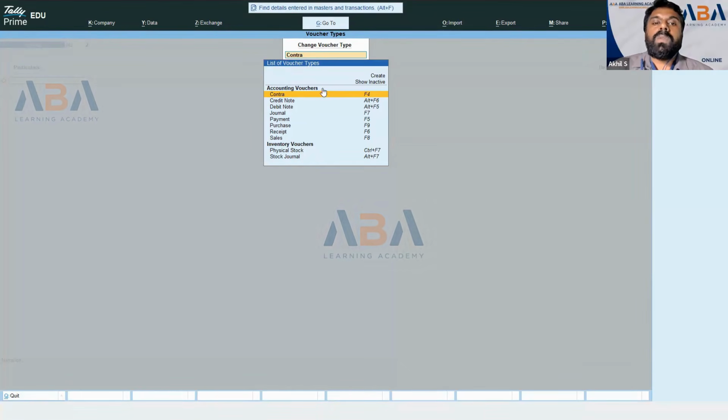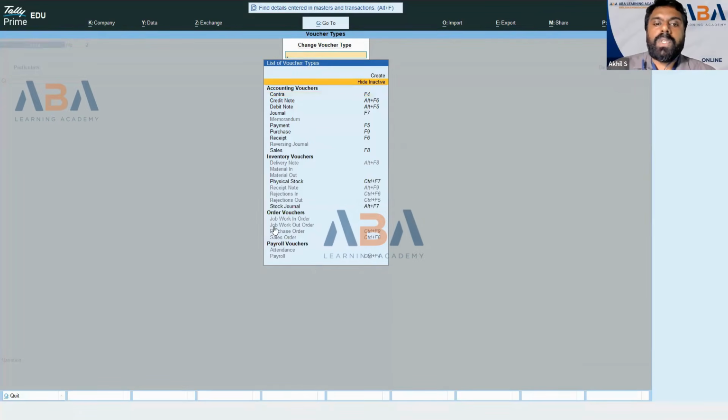Okay. So before we continue, let me tell you one more thing. Tally has 4 types of modules. 4 modules are available in Tally. So those are accounting module, inventory. Then if you click on show inactive, it will show us order vouchers and payroll vouchers. So these are the 4 different types of modules or voucher types in Tally. Okay.